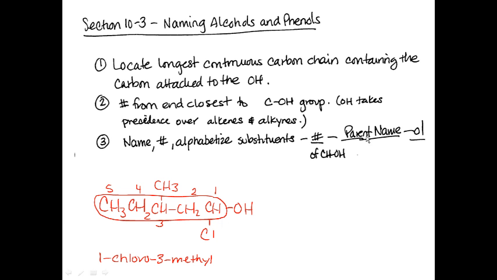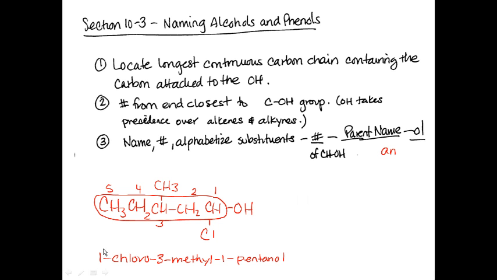So we'll have the parent name with the -ane suffix, and then add -ol to it. Now in the old system I would have called this 1-chloro, 3-methyl, 1-pentanol, where the 1 tells you that the OH group is attached to carbon 1 in the 5-carbon chain.